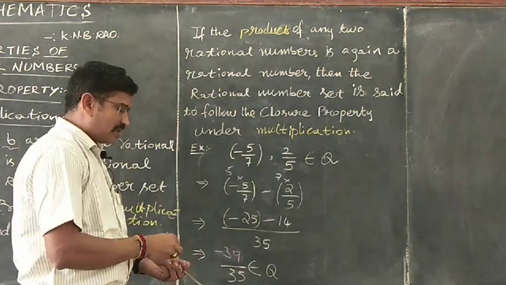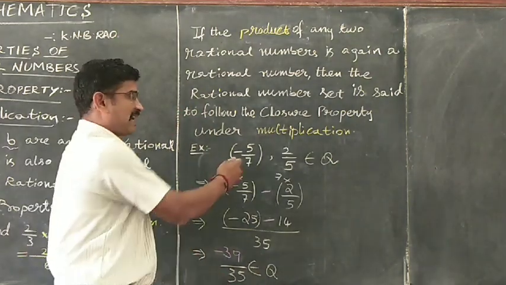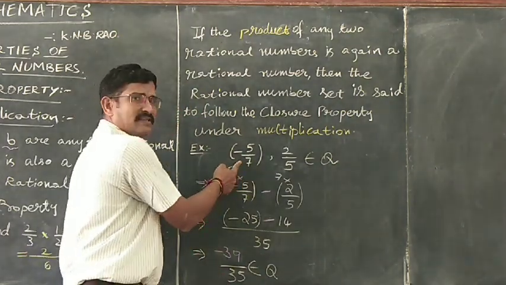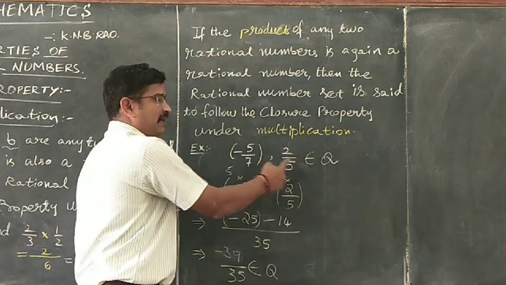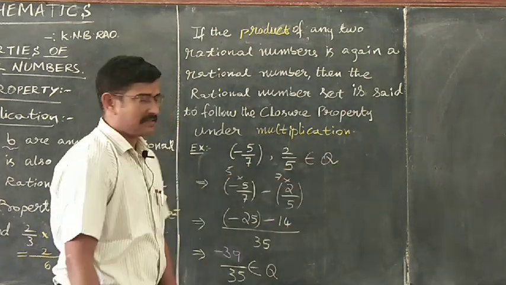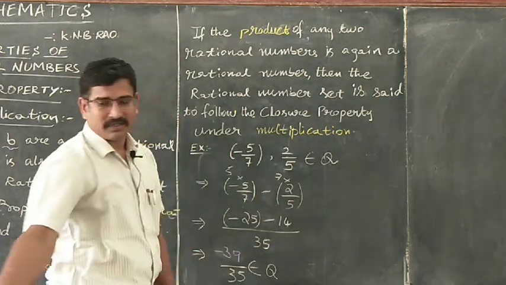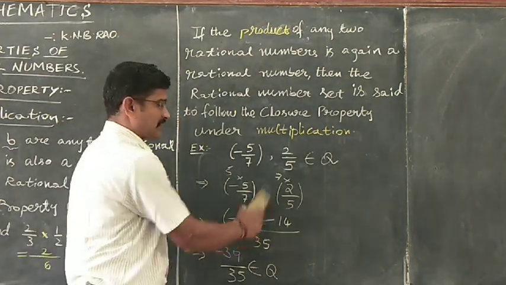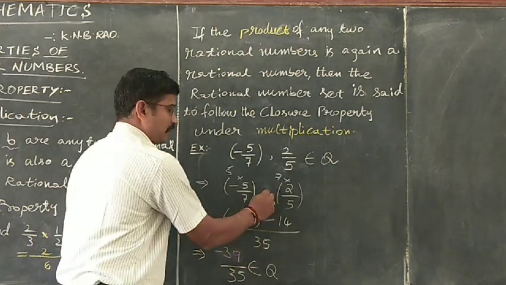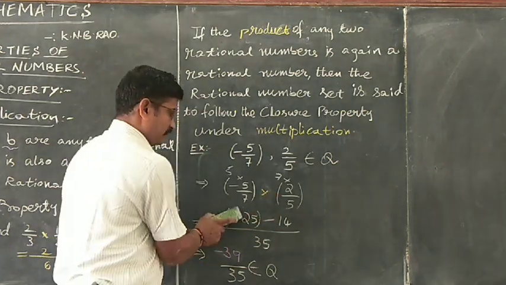Here, what are the changes that we bring? In the example, let us take the same example: minus 5 by 7 and 2 by 5 are both rational numbers, belonging to the rational number set. When I take the product, I have to take this into sign. You know how to multiply.